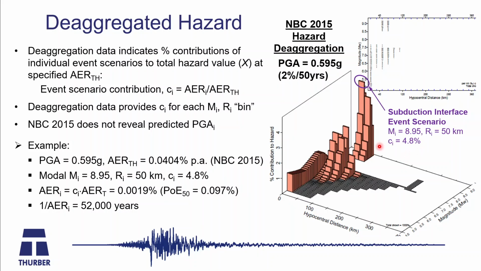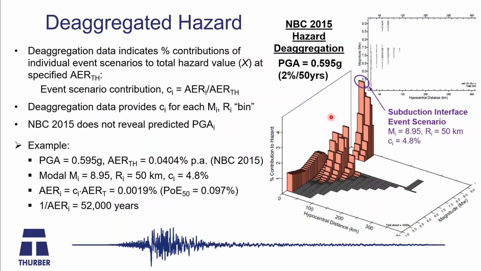So what you're seeing here, on the horizontal axes, you've got distance on the one axis and magnitude on the other axis, and you've got bins that show the contribution to the total hazard value, in this case 0.6 G, from each of the event scenarios.